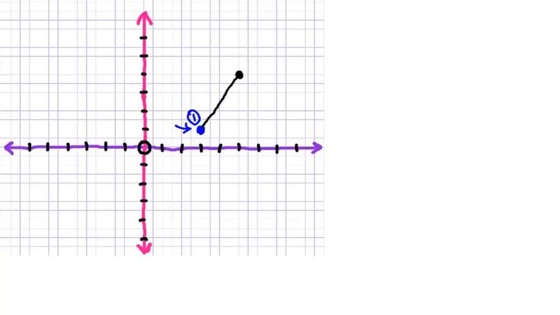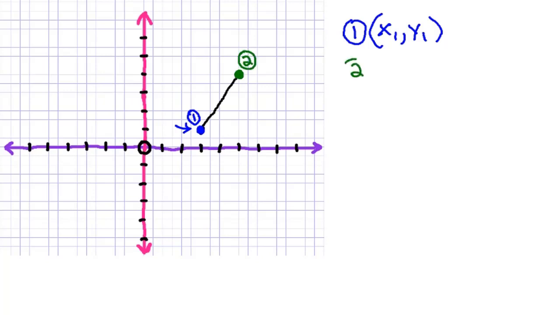So these coordinates, point 1 coordinates, are going to be x1, comma, y1 in parentheses. And then your point 2 is going to be right here. That's going to be your point 2.